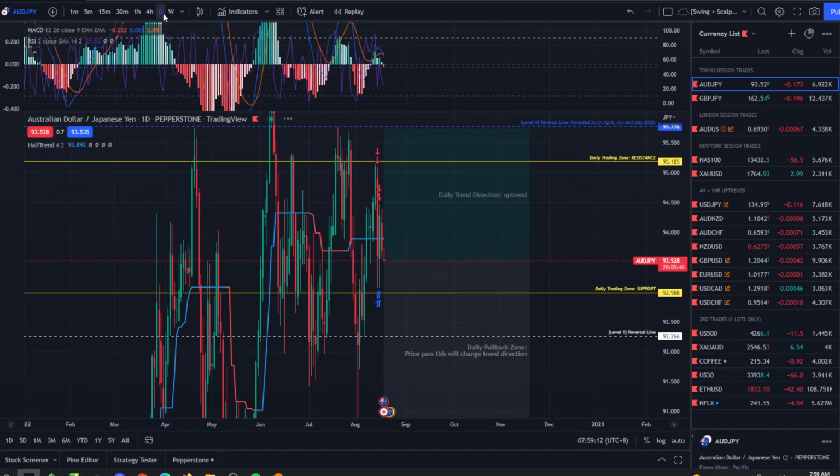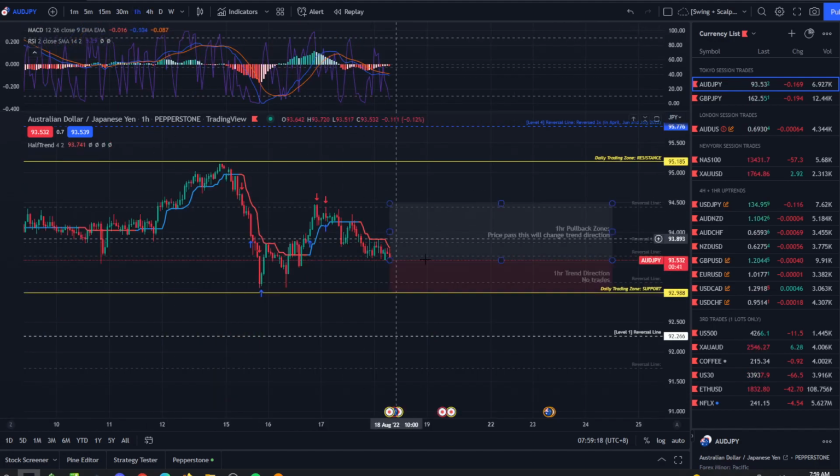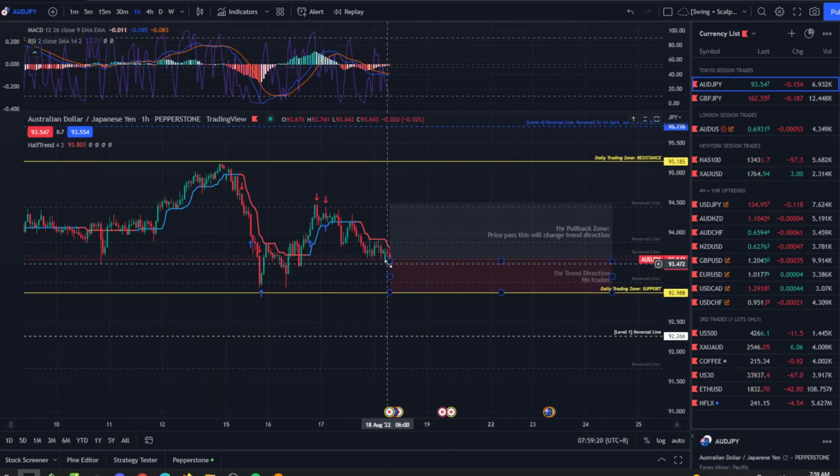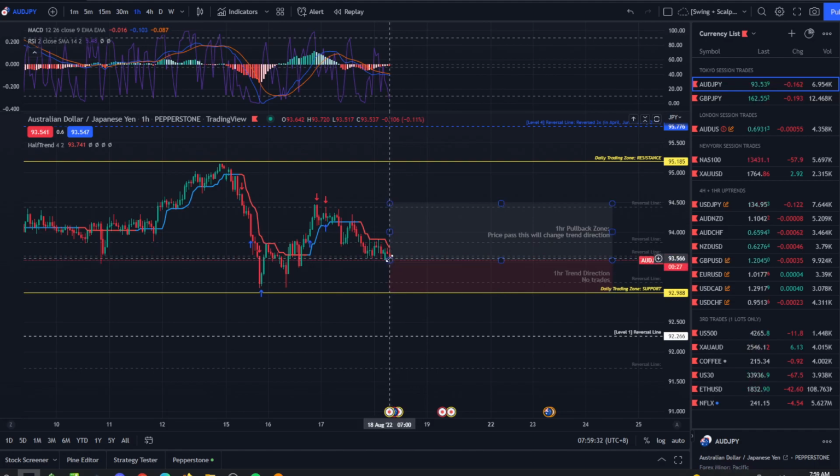Let's see back on the daily. Yeah, that support line is going to be very interesting. If the price hits that support line and it bounces off very clearly, then we should be looking at an uptrend from there. But from here on out, we wouldn't be taking any trades, not really.